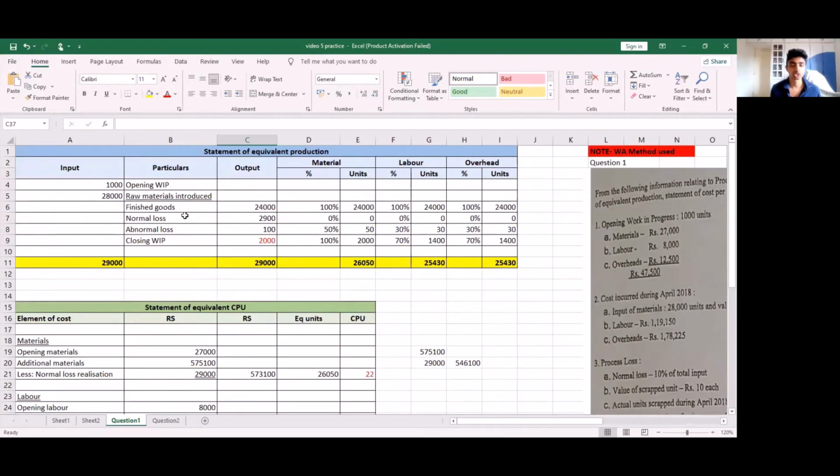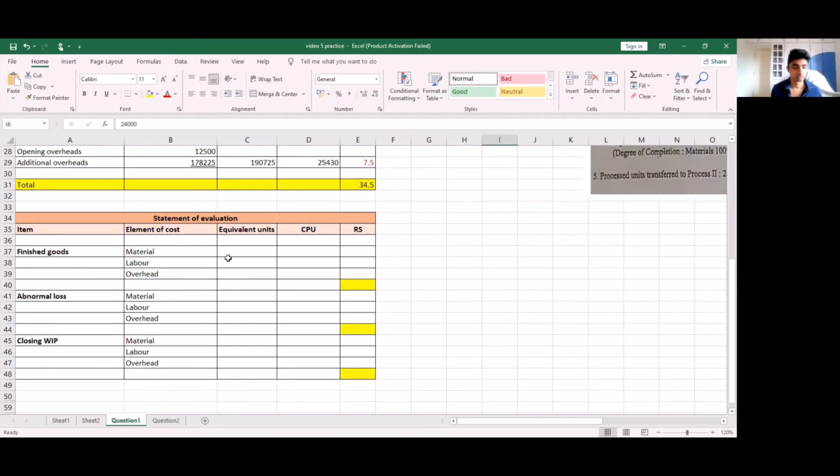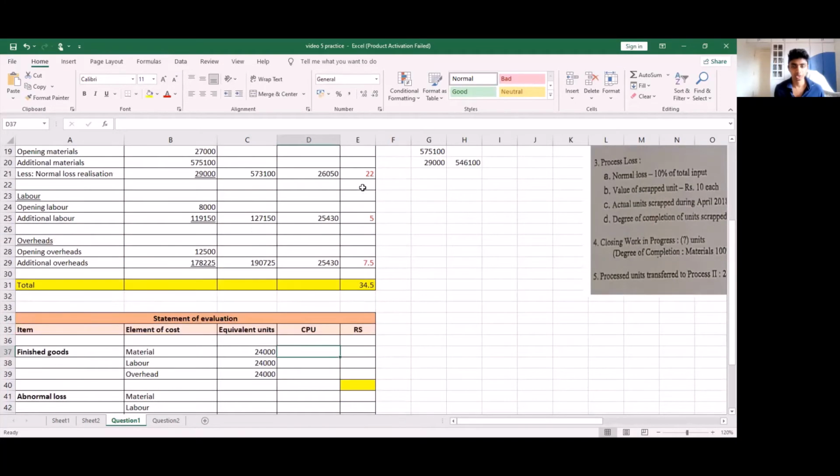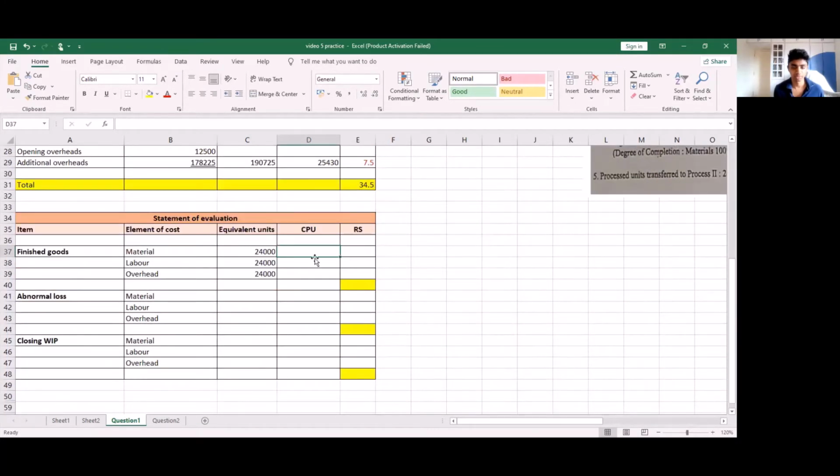So for finished goods, we have equivalent units of 24,000, 24,000, and 24,000 for materials, labor, and overheads. Our cost per unit is 22, 5, and 7.5 respectively. So we will write 22, 5, and 7.5.